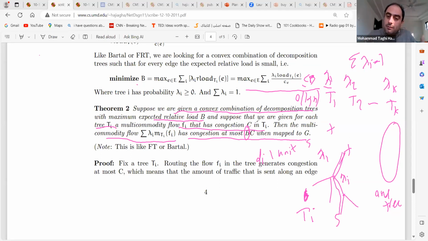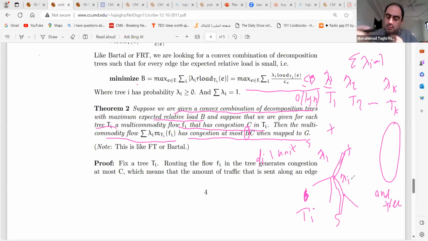That log n, which is beta, just comes in here. So if you have any routing here, if you do it optimally on the trees, essentially the congestion that you have is at most beta times more.